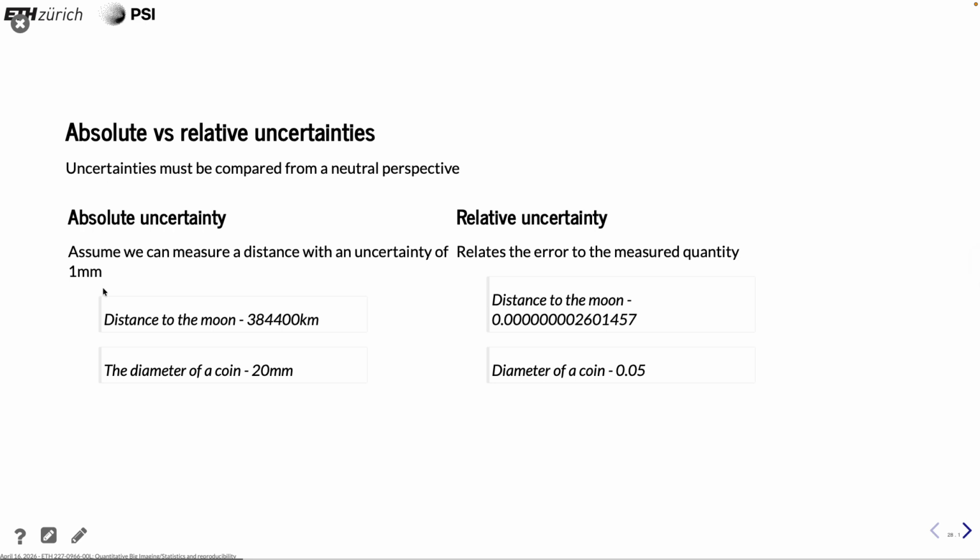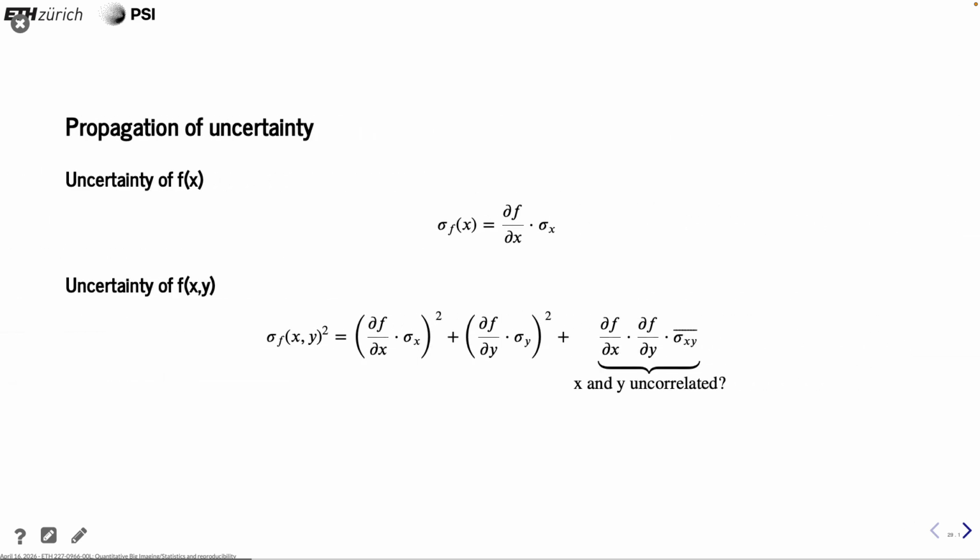So you also have to decide if you want to use absolute uncertainty or relative uncertainty when you provide it. The propagation of uncertainty is defined in the literature, and typically the uncertainty of a function of x is just the derivative times the uncertainty value, and that is how it propagates.